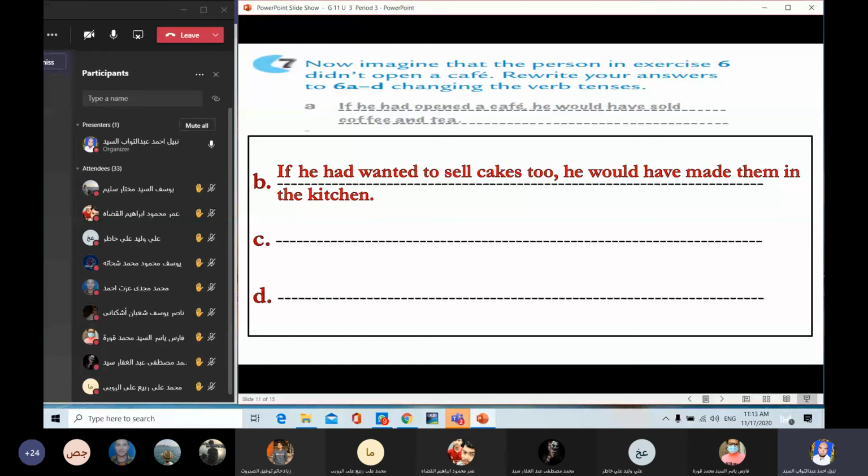Okay? The second exercise, C. Use the third conditional. Mohamed Magdy. If he had owned a cafe, he would have done account the day's money each day.